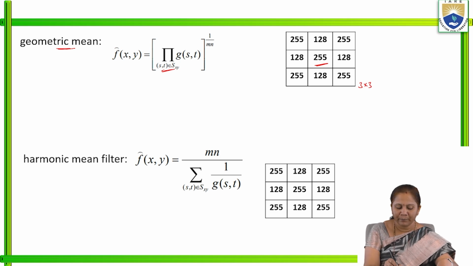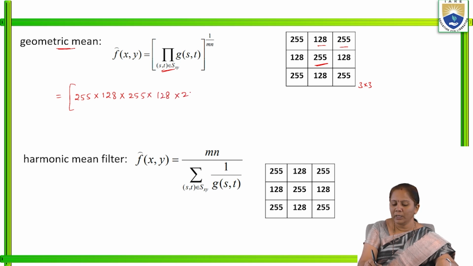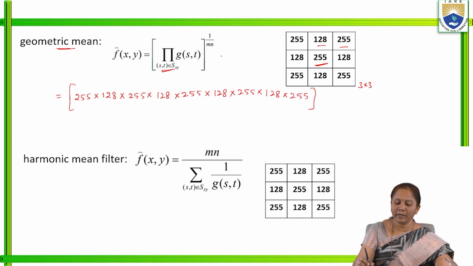So it looks like this. Here the first one is 255 into 128 into 255 into 128 into 255 into 128 into 255. All the pixels are multiplied, and here we have power 1 by mn.